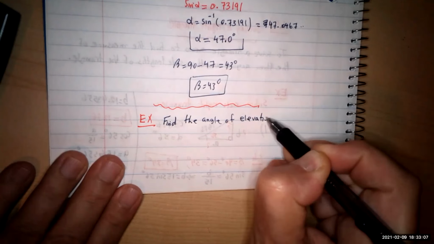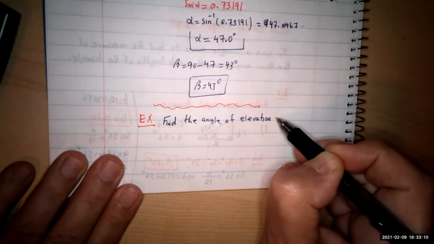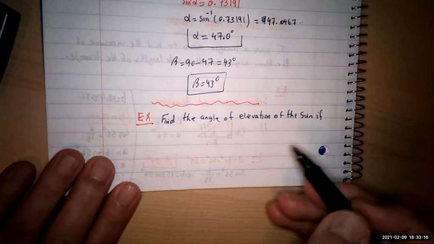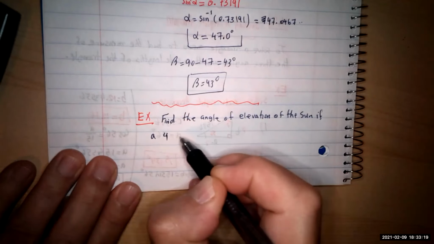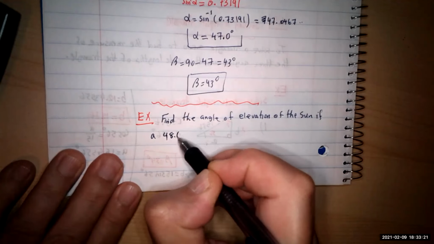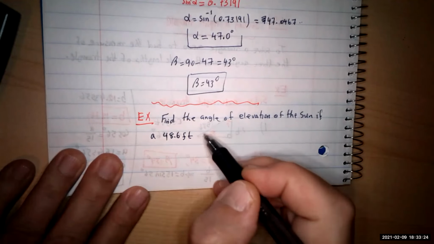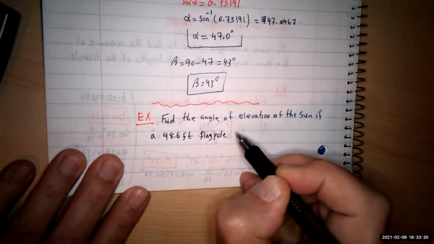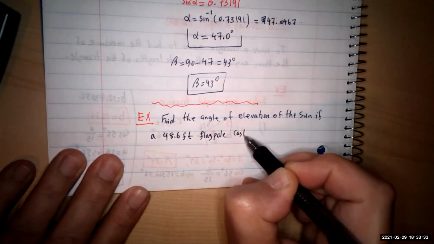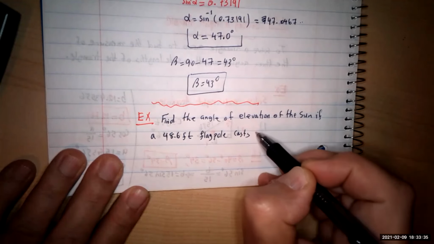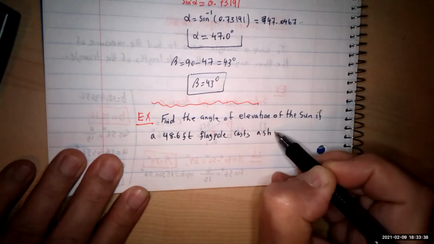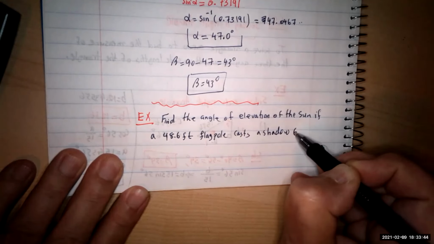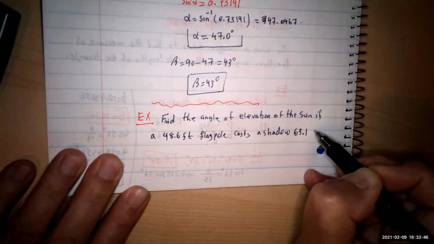The angle of elevation of the sun, if a 48.6 feet flagpole casts a shadow of 63.1 feet long.